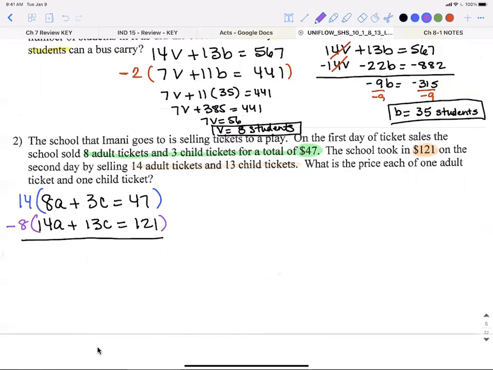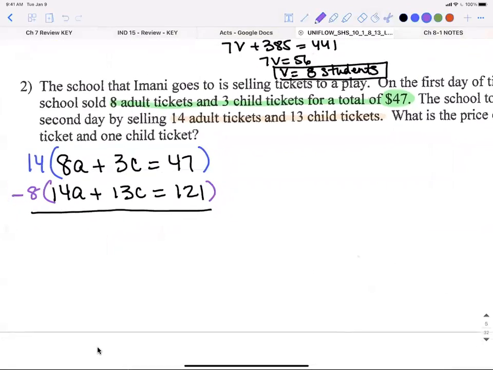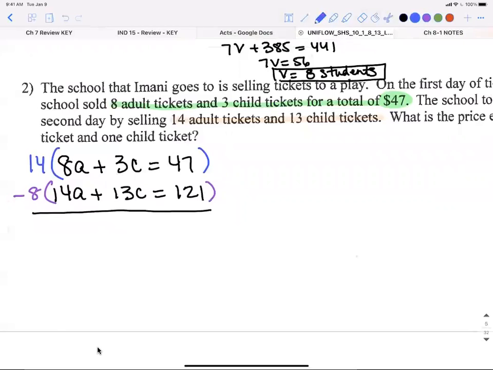Okay. All right. So multiplying across the top, I've got 14 times 8, which is 112A. And I've got 14 times 3, which is 42C. And then I have 14 times 47, which is 658.